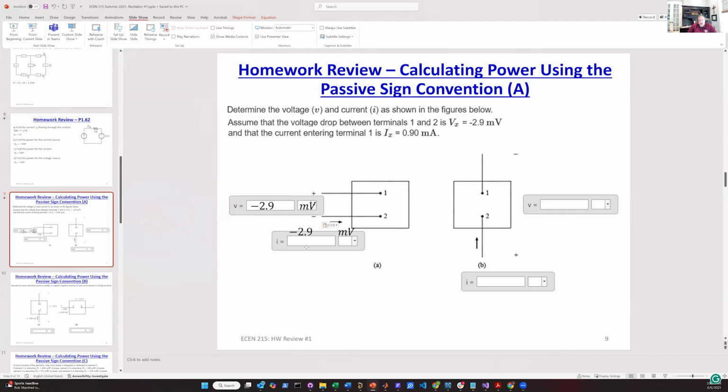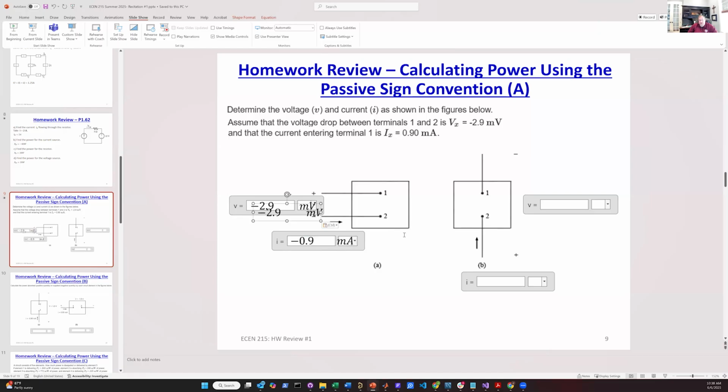All right, and then the current for this particular one is going to be in units of milliamps, and it is entering terminal 1. The actual current is 0.9 milliamps coming in terminal 1 and leaving terminal 2, but the arrow for analysis was the opposite direction. So this will be minus 0.9, because that's what this would measure.